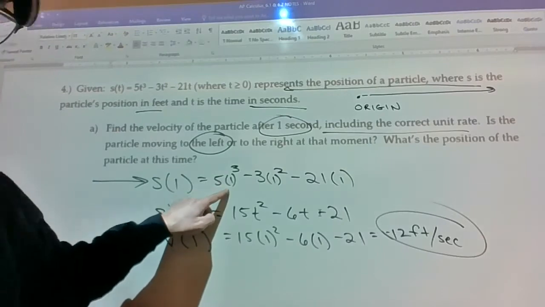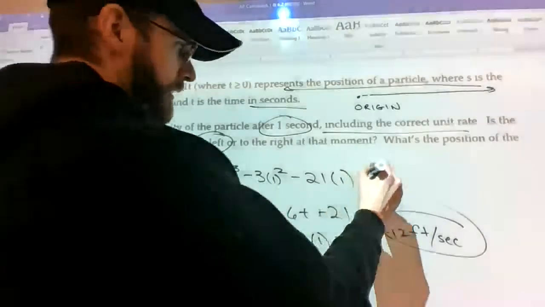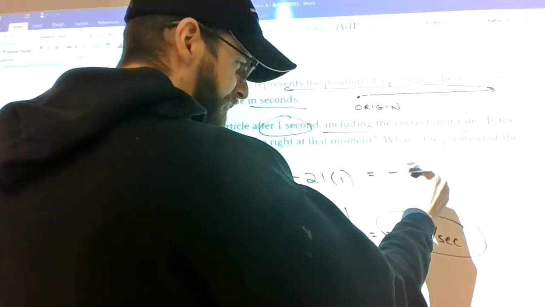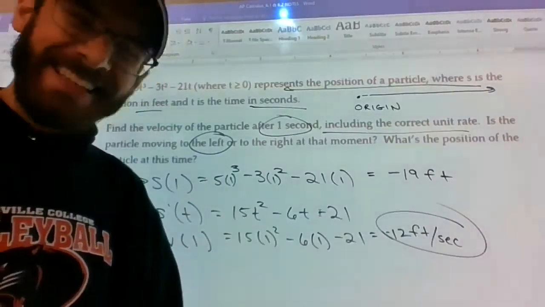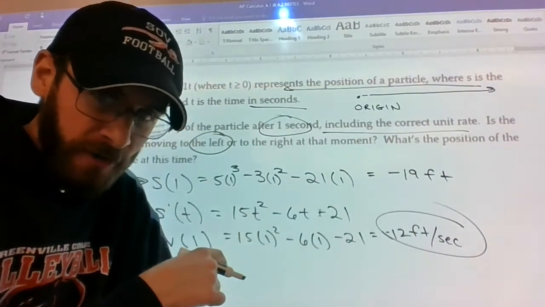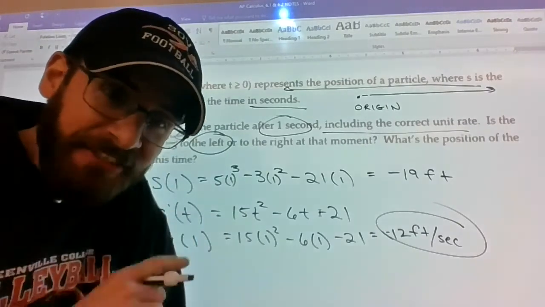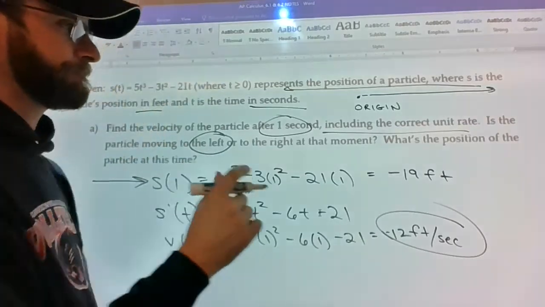This would be 5 minus 3 minus 21, so it's at negative 19 feet. The position of my particle is negative 19 feet, which means 19 feet left of the origin.